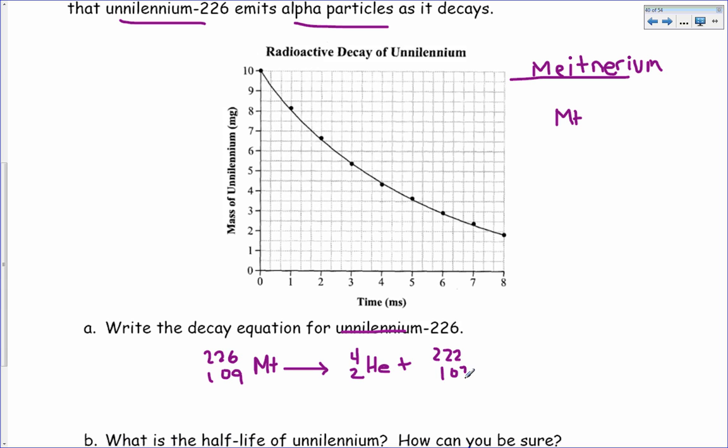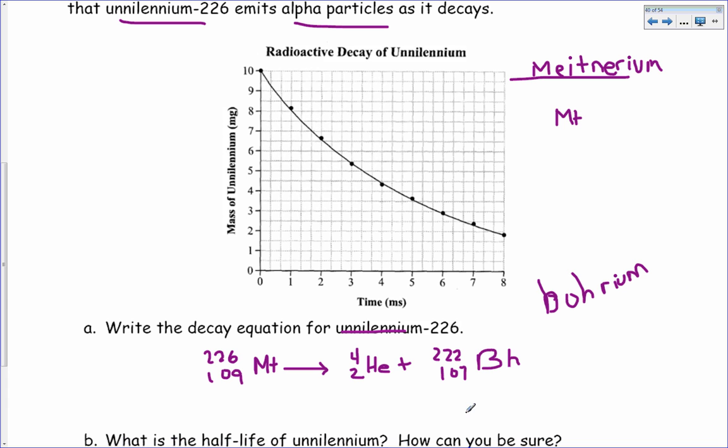And element 107 is bohrium, B-O-H-R-I-U-M, so clearly named after Niels Bohr. Okay, so that's the decay equation.